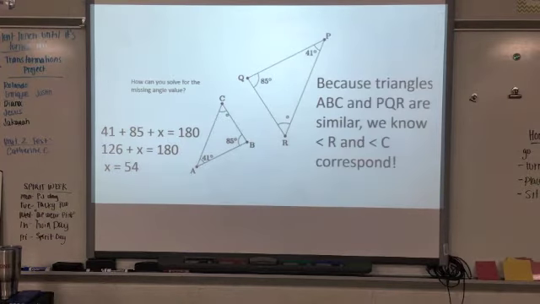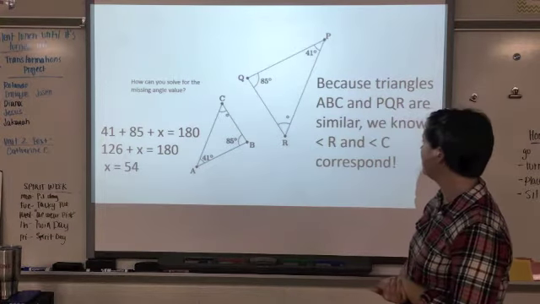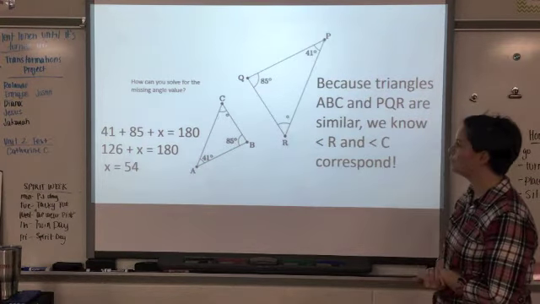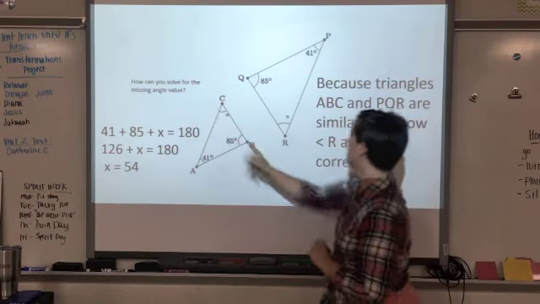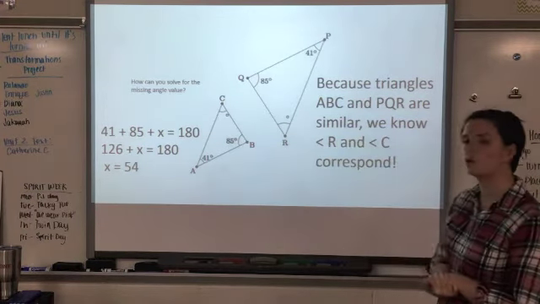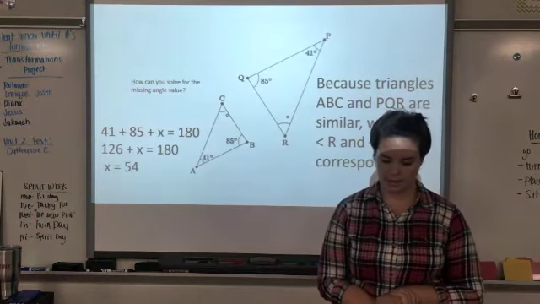Okay, triangles ABC and PQR are similar, we know that this angle R and this angle C are corresponding. They correspond. Okay? If they correspond, they are matching.